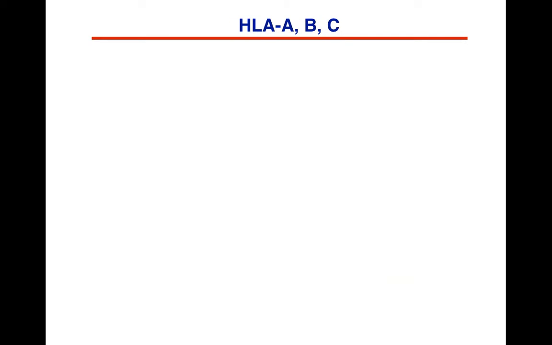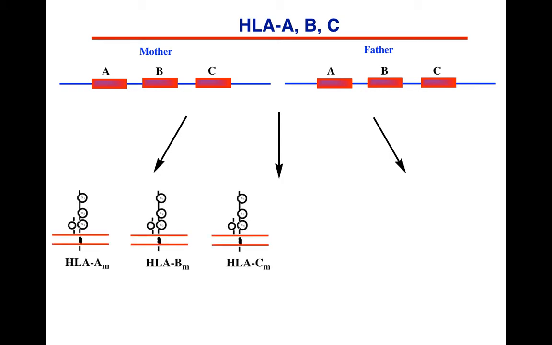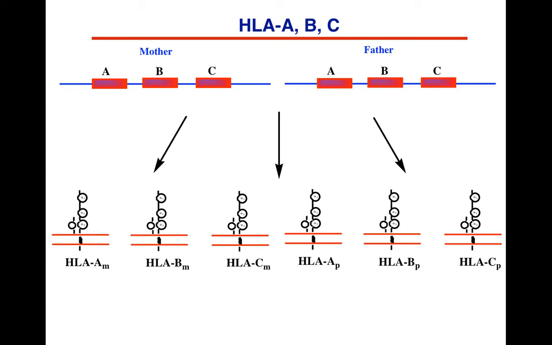Now, everybody is diploid, so you have a mother and you have a father. Because you're diploid, you're going to produce A, B, and C from the mother and A, B, and C from the father, and of course recombinations of these happen.